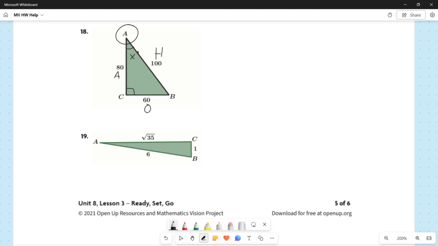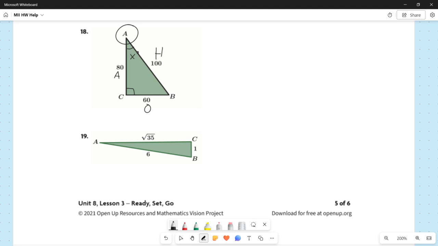Because we're given three sides, both legs and the hypotenuse, we have some flexibility, because we can use any of the three basic trig functions. We could use sine or cosine or tangent.